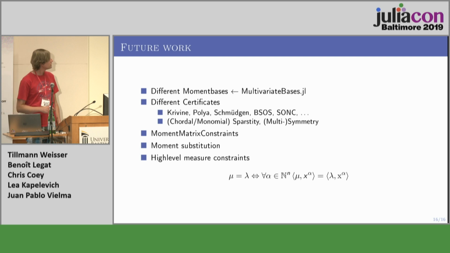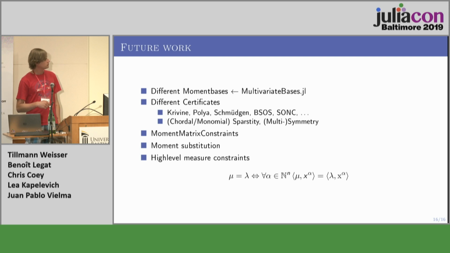Then more on the modeling side, we want to support moment matrix constraints. So for now, my constraints are just linear expressions of the moments, and here I want to have matrix constraints. So for example, moment matrix being non-negative.